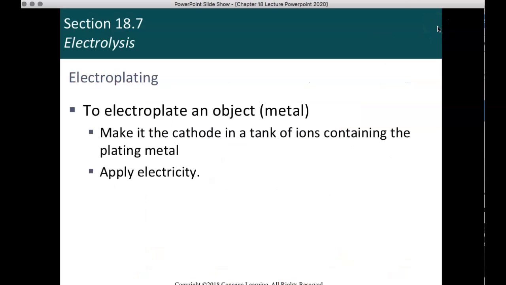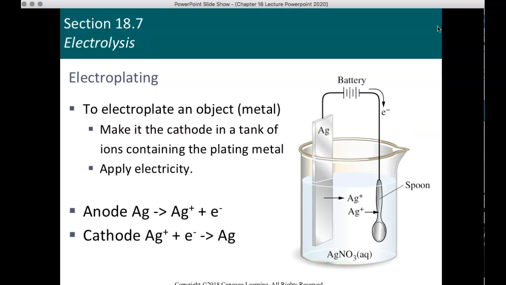All right, so there are some practical applications. The first one is electroplating, which has a lot of actual applications. Whatever you want to electroplate, you make it the cathode in a tank of ions containing the plating metal, and then you apply electricity.